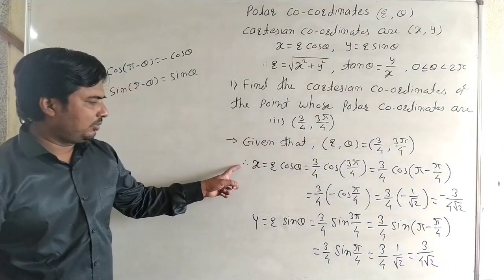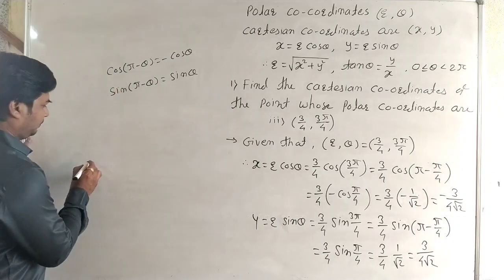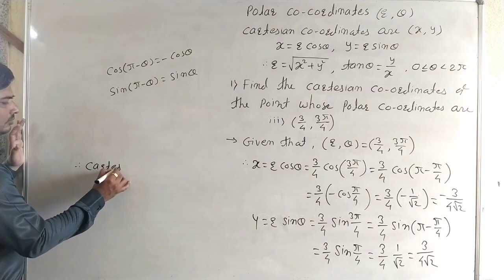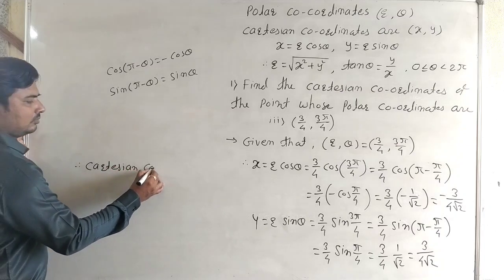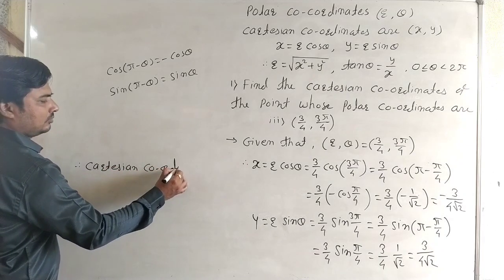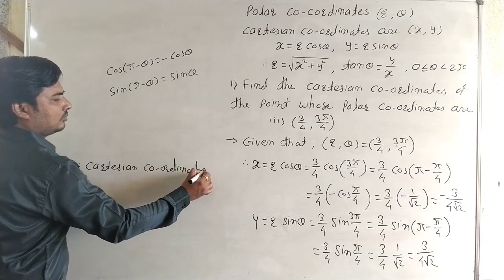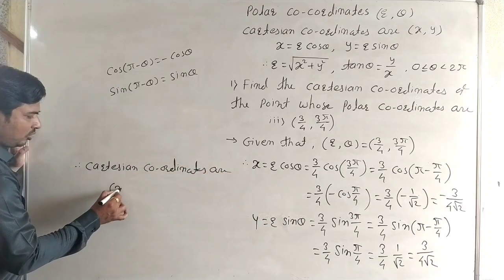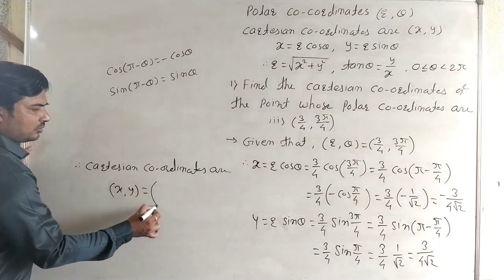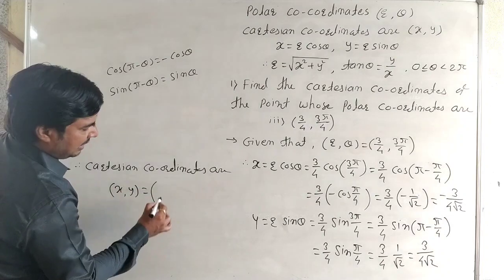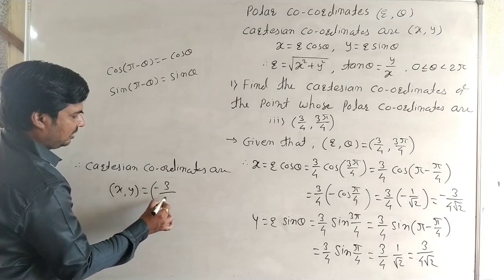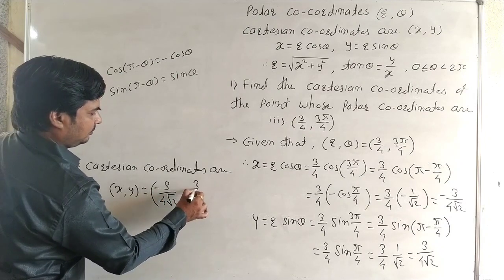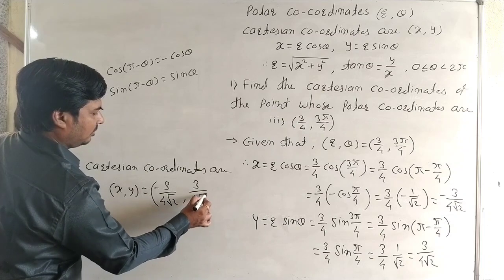Here it is the value of x and it is the value of y, and therefore the Cartesian coordinates of the given point are x comma y, where x is minus 3 upon 4 under root 2, and y is 3 upon 4 under root 2.